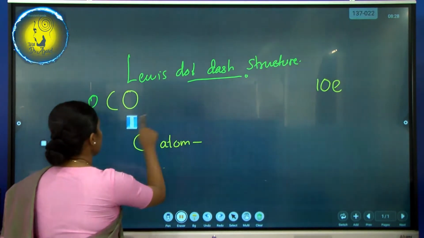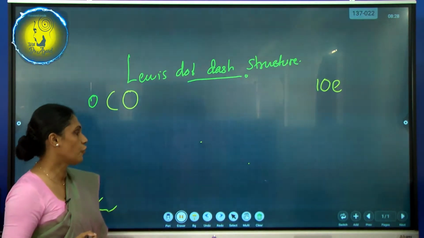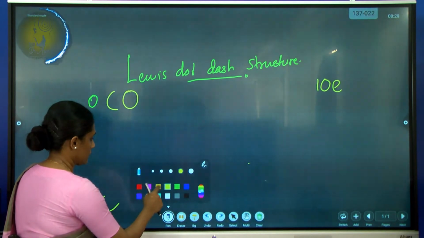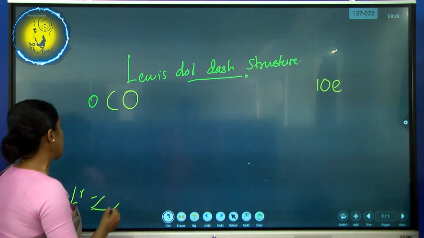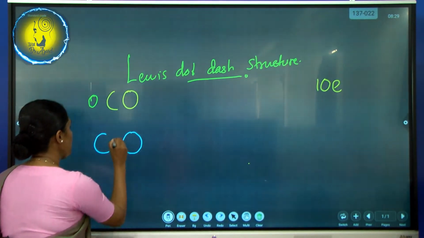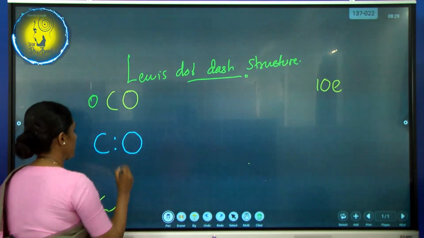Okay, here's our first step. I'm going to draw the bonding electrons. Look at this, carbon and oxygen. How many bonding electrons at once? We have a pair, right?